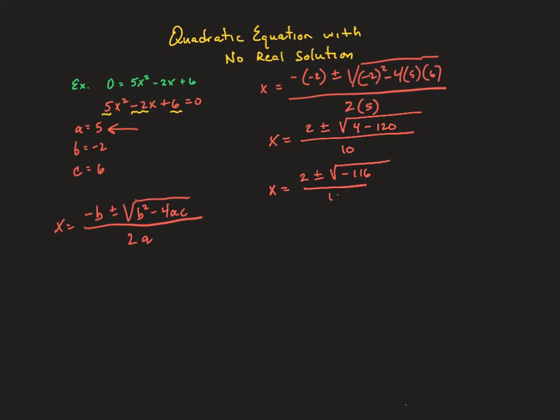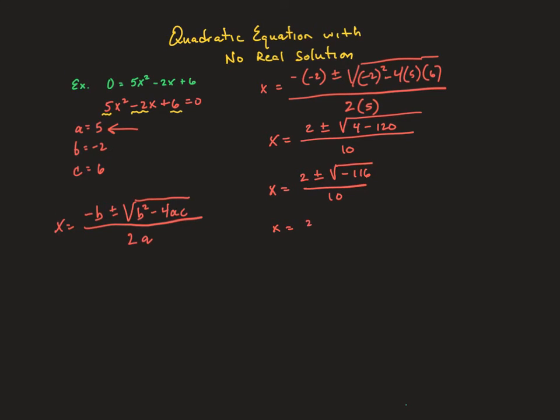So x is equal to 2 plus or minus the square root of -116 over 10. And again, back in the day, we would have stopped here when we saw this negative number in there because we couldn't find the square root of that, but we can now because we're going to create a complex number, imaginary solutions. So we're going to simplify that root.